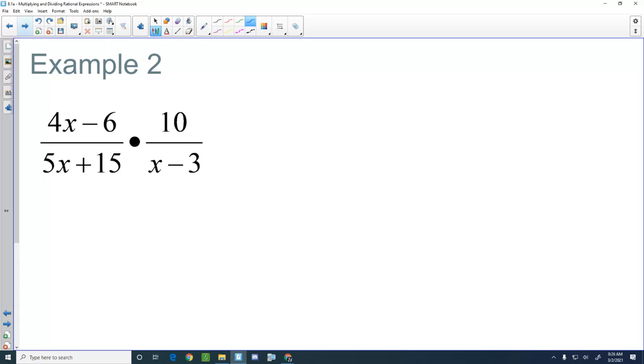Now, before you multiply those together, can you break any of those down? Can you factor any of those? So look carefully at the numerator and denominator on the left. And think about GCF factoring.